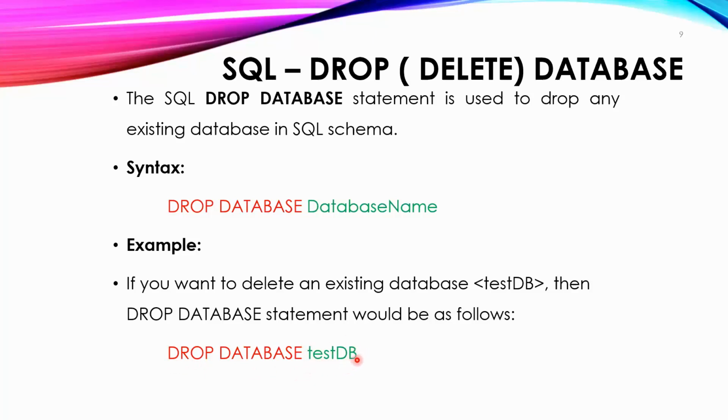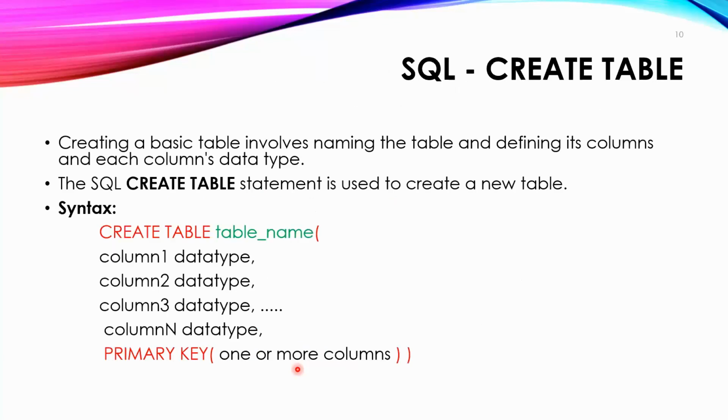If you don't have any database within your database management system named testdb, you can't do this. So before dropping any database, first you have to confirm whether that database really exists, right? If you are going to drop a database which is not available in your database management system, you can't do that, right? Okay. Then creating table.